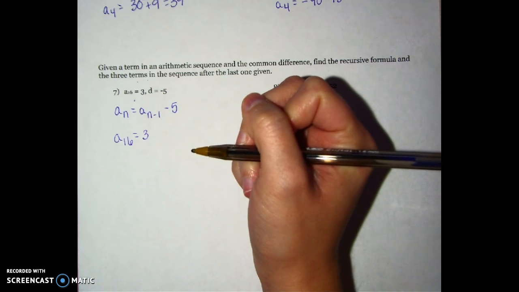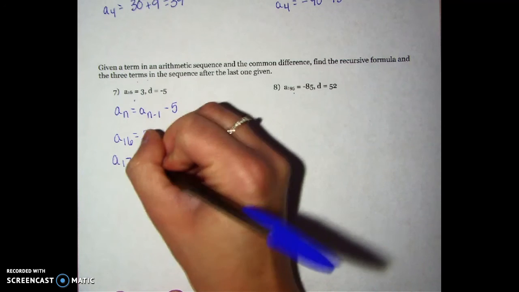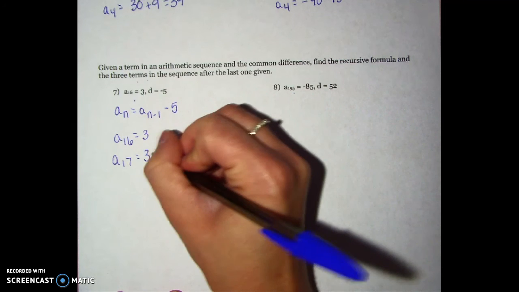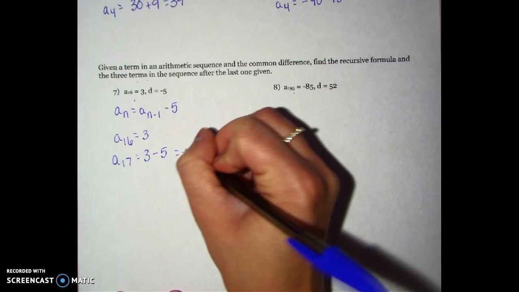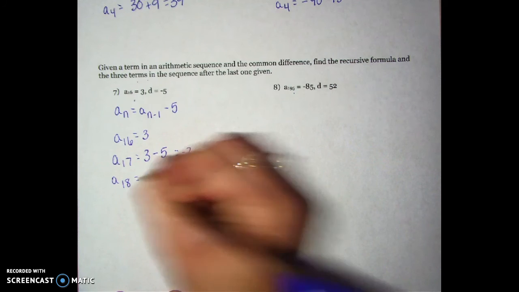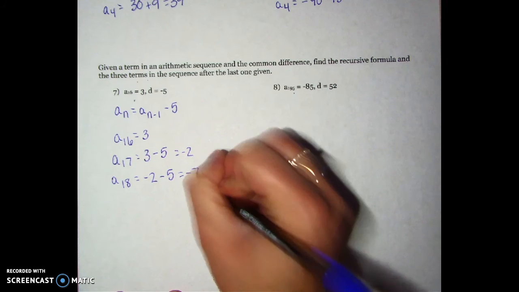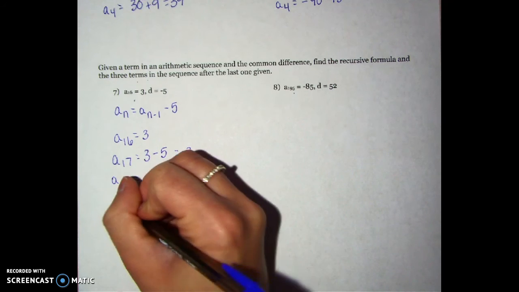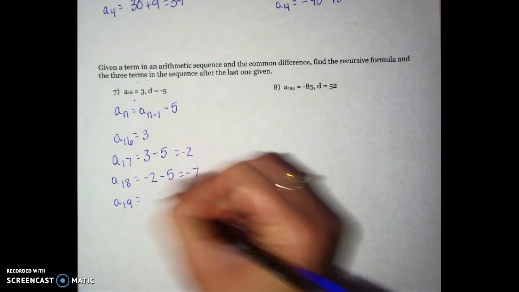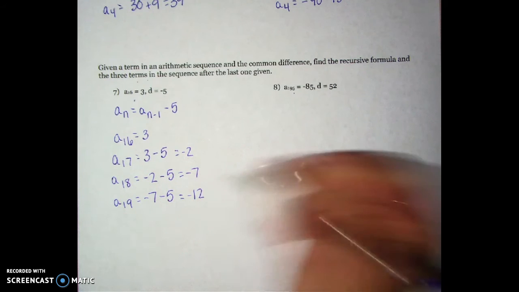So now I'm going to find a sub 17, 18, and 19. So that's going to be 3 minus 5, which is negative 2. A sub 18 is negative 2 minus 5, and that's negative 7. And a sub 19 is negative 7 minus 5, which is negative 12.